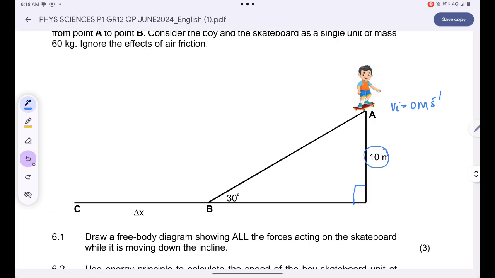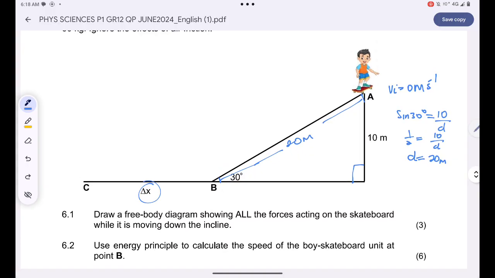Sine of 30 degrees will be equal to 10 over d, where d is the distance traveled. So 1 over 2 is equal to 10 over d. Cross multiply, then the distance traveled will simply be 20 meters. So the distance from position A to B is 20 meters.